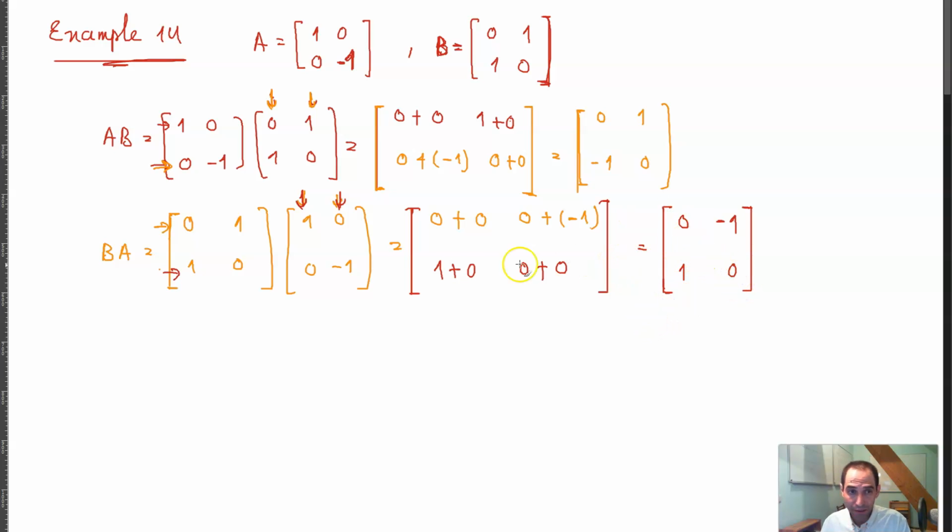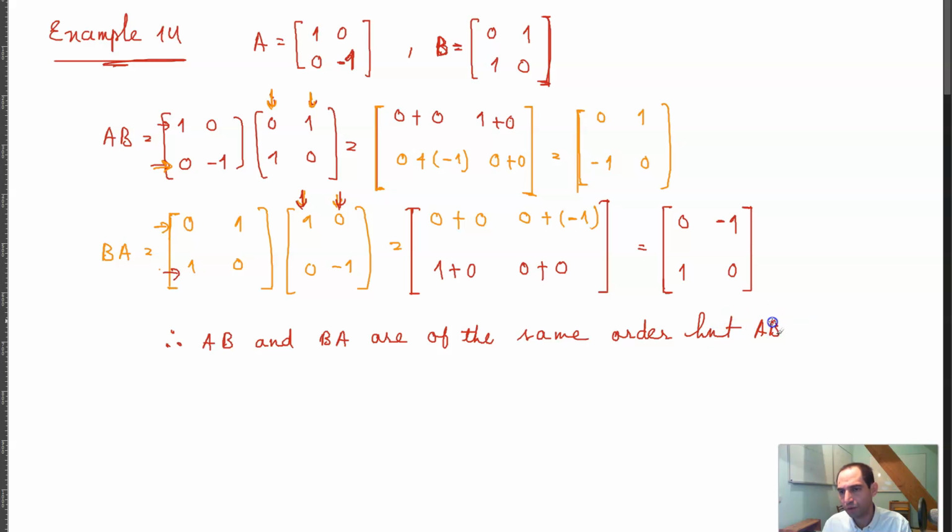Which is basically, as you can see, therefore AB and BA are of the same order, but AB is not equal to BA.